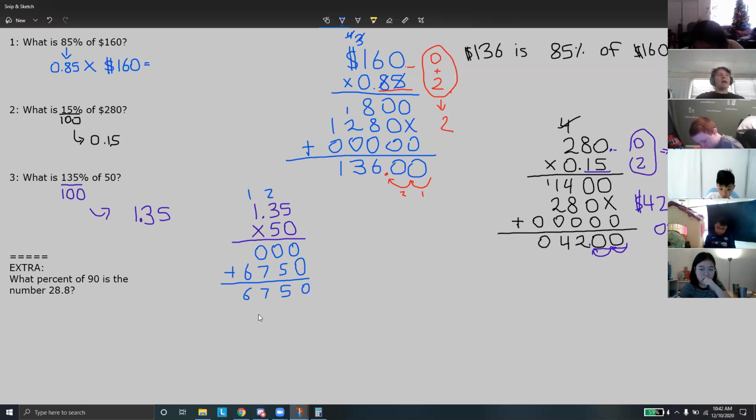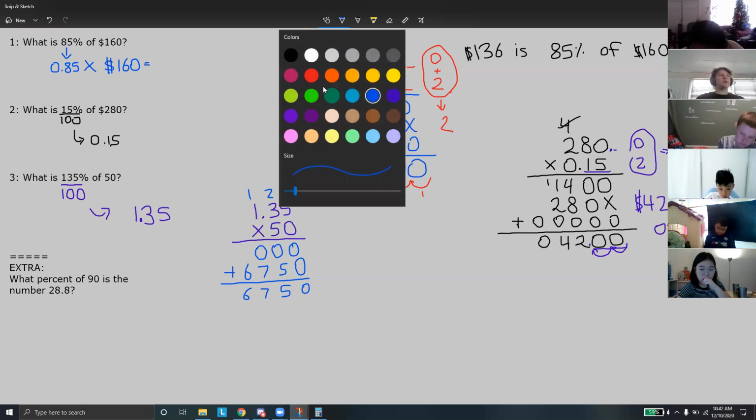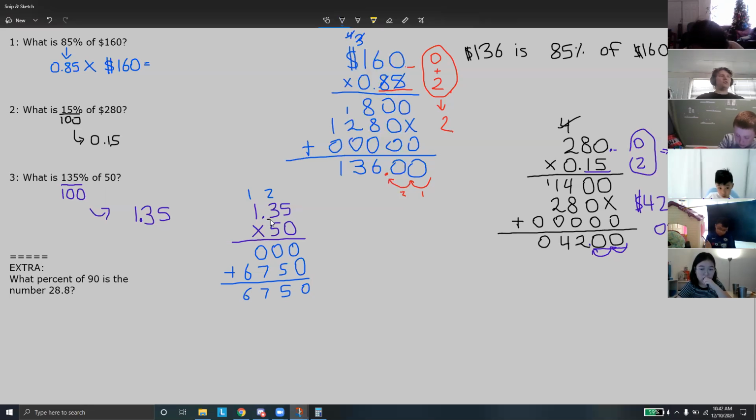Great. And let's see where the decimal goes. We have 2 numbers after the decimal here, and we have 0 numbers after the decimal in 50. See, 50 has a decimal right after it. Every single number in the world has a decimal somewhere in it. But if it's a whole number like 50, we normally don't write the decimal because we don't need to.